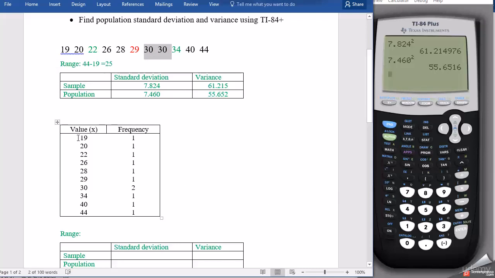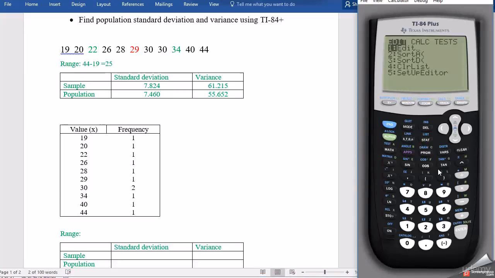If you are given a table like this, values of x with frequency, and you want to compute the standard deviation and variance, you're going to do this. Go to STAT and enter. L2 and L3 have these values. So values of x are in L2 and frequency in L3. So we go to STAT, go to CALC, and we're going to select one variable statistics. And again, this time we're going to change the list.